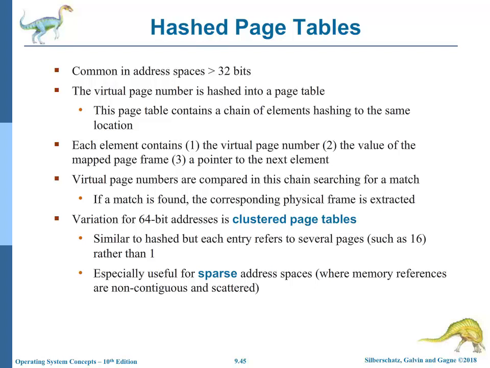Therefore, a single page table entry can store the mappings for multiple physical page frames. Clustered page tables are particularly useful for sparse address spaces, where memory references are non-contiguous and scattered throughout the address space.